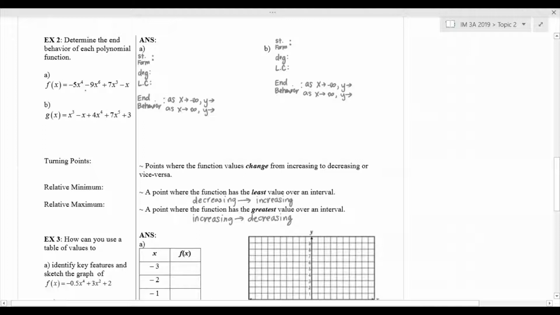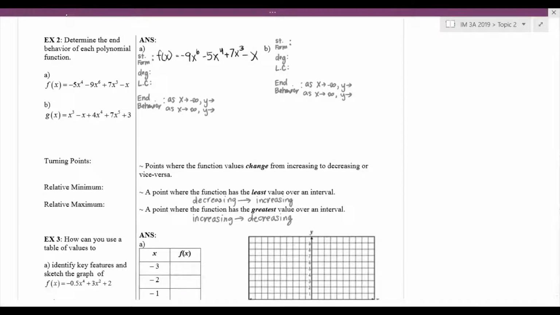So that means our function for f of x is going to be negative 9x to the 6th minus 5x to the 4th plus 7x to the 3rd, and then minus x.